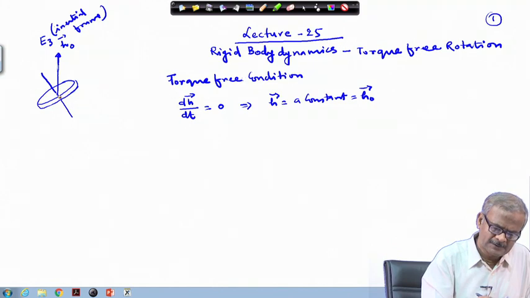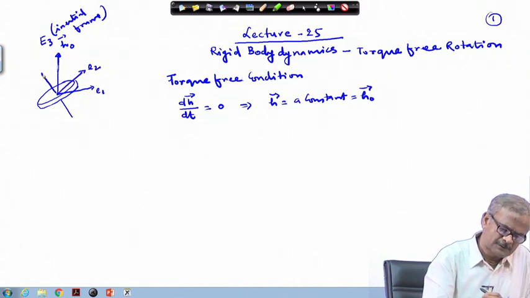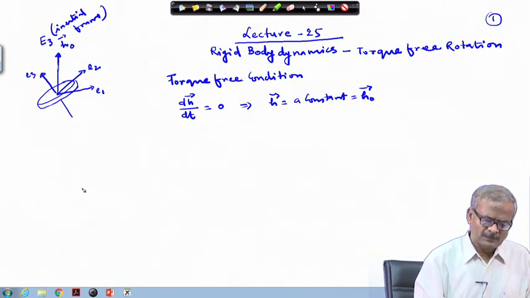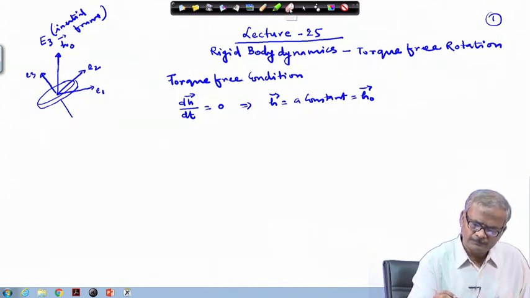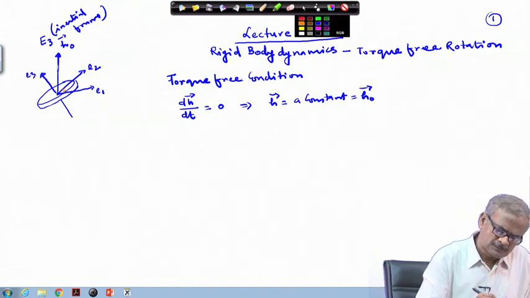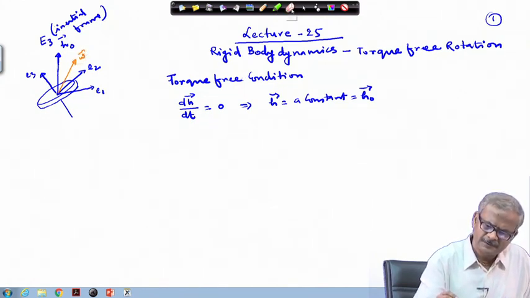And let us say this is the body axis E 1 and this is body axis E 2, and along this direction we have the body axis E 3. Somewhere here we are showing the angular velocity vector.